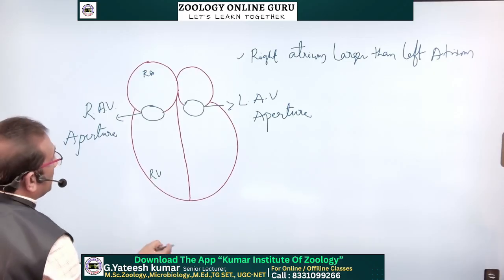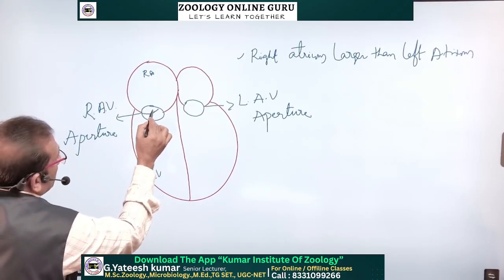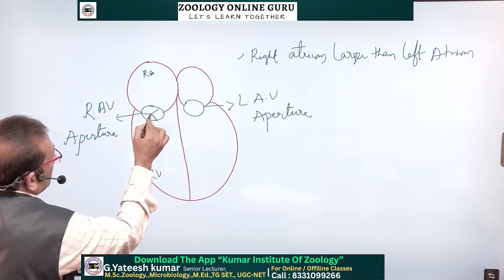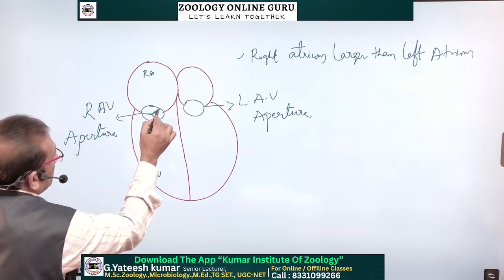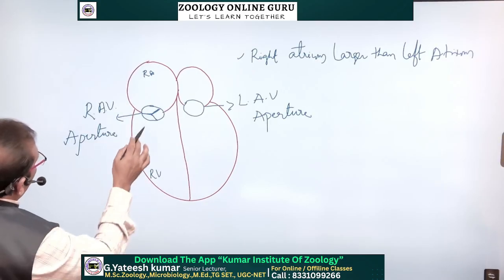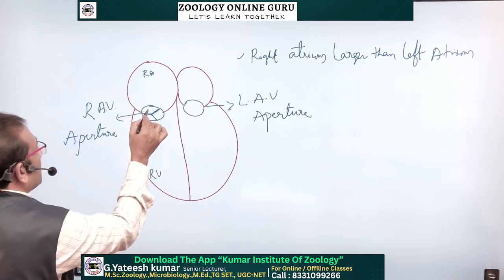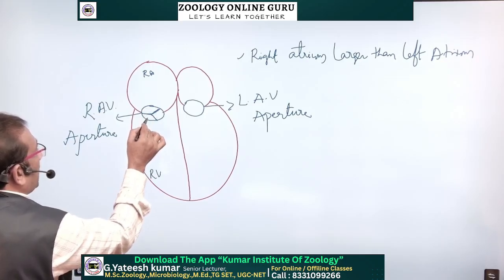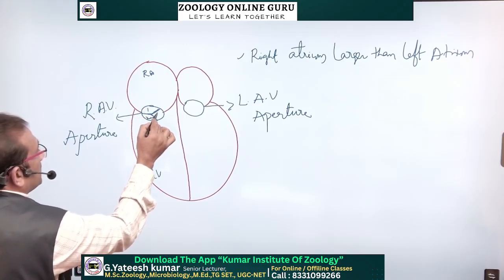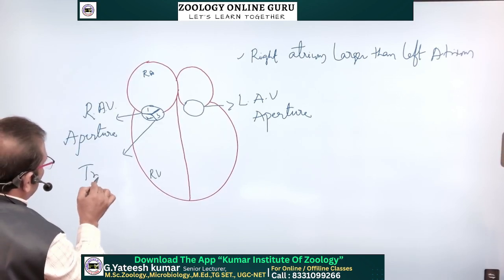Okay, so in the right atrioventricular aperture, the valve is known as the tricuspid valve, 1, 2 and 3. So here 3 cusps are there. So this is called the tricuspid valve.